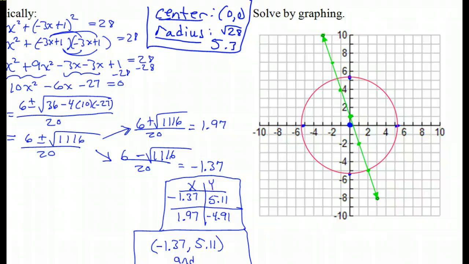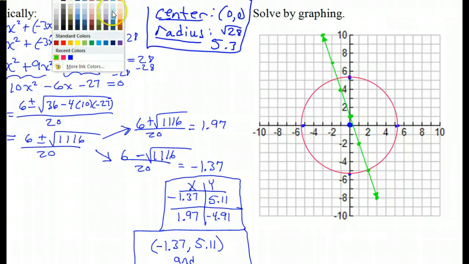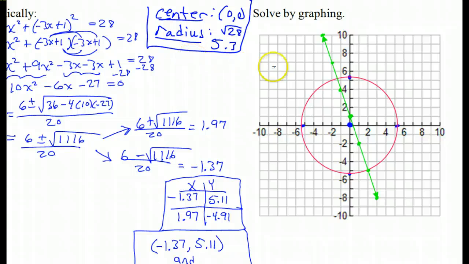So now let's look at our intersection points and see how they compare to what we got algebraically. See if it matches up. We're seeing an intersection point here. To me, this looks to be about negative 1 point something and 5 point something.